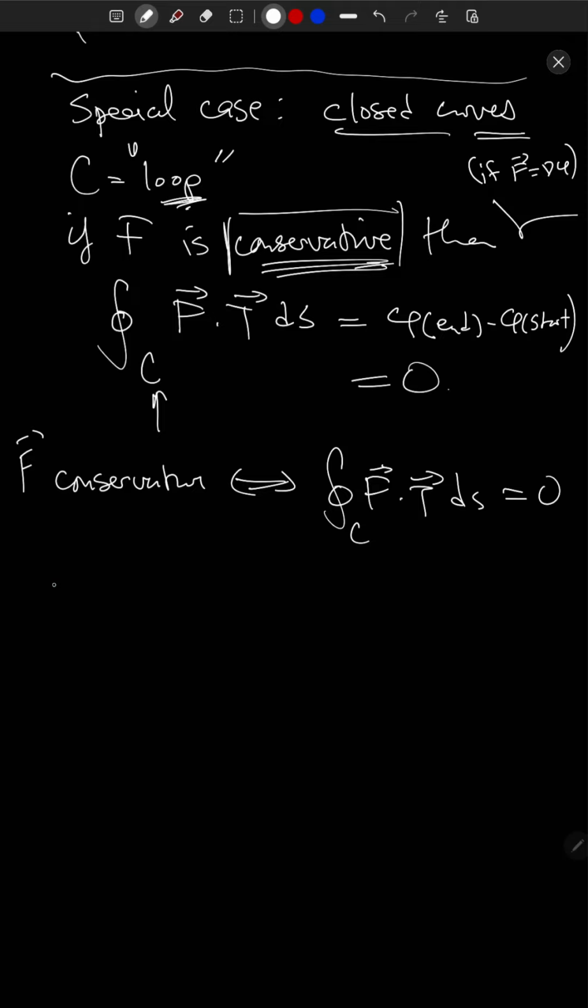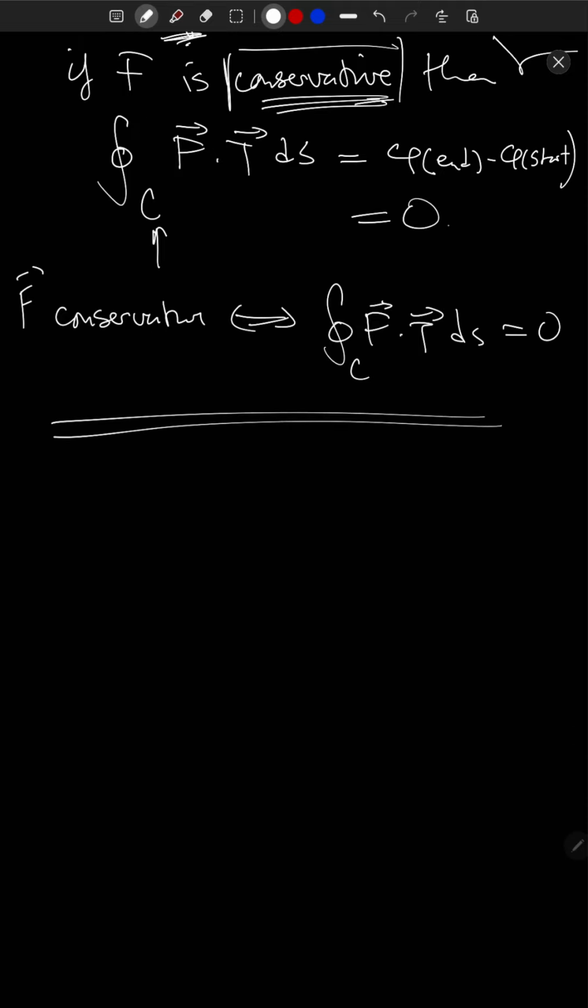By the way, I've tried to be consistent in my notation. I've always used f dot t ds for the work integral, or the vector line integral. I always call it a work integral just to keep it more grounded in terms of how to interpret it.